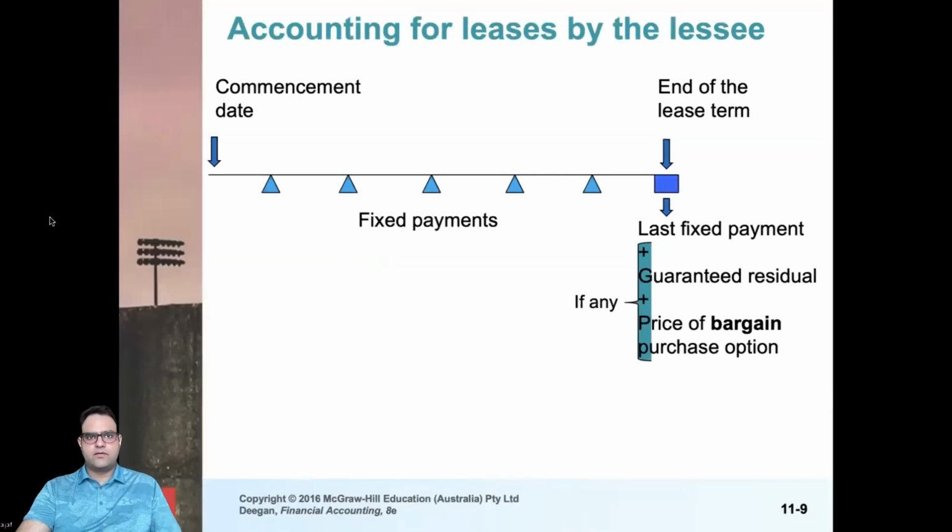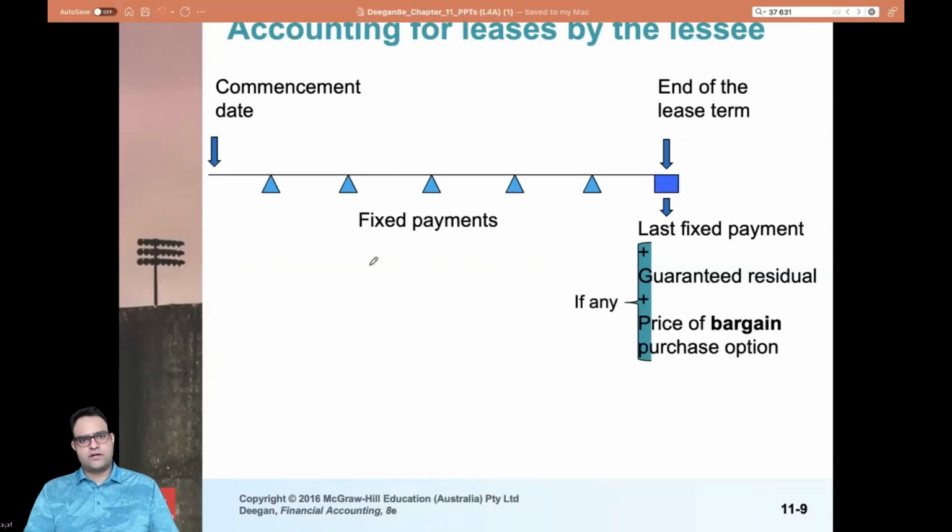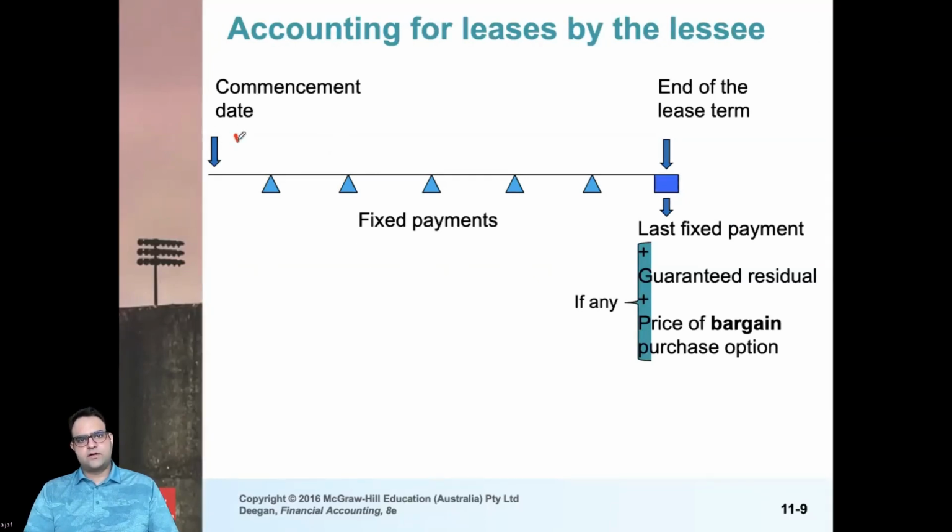Here they discuss that if there is a contract between lessor and lessee, and the contract starts at this point, after the contract has been signed, after 1 year, they have to make a payment. The first payment by the lessee, second, third, fourth, fifth, and maybe on the sixth payment they also have to pay some extra money.